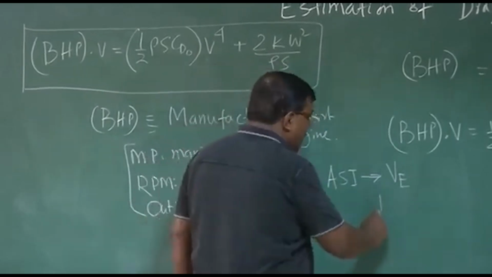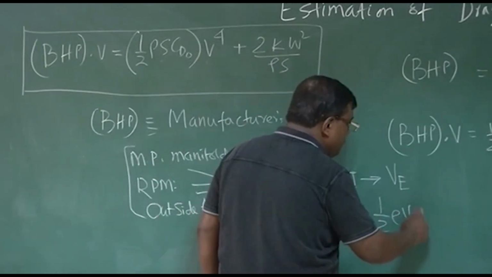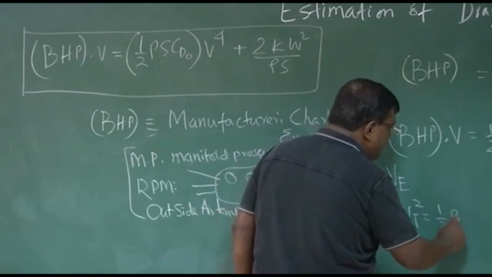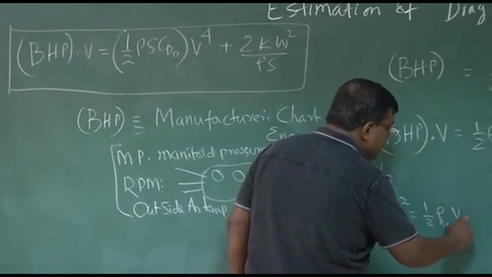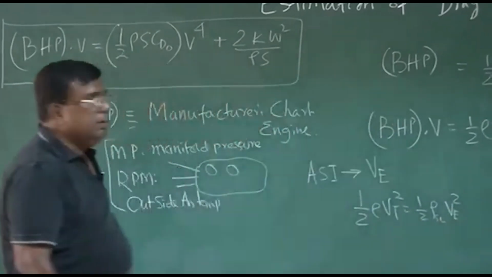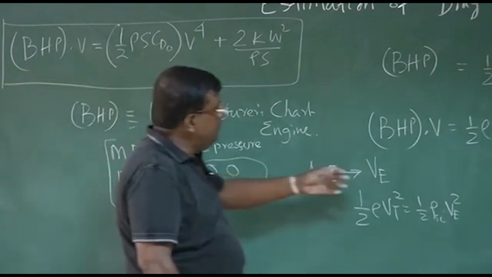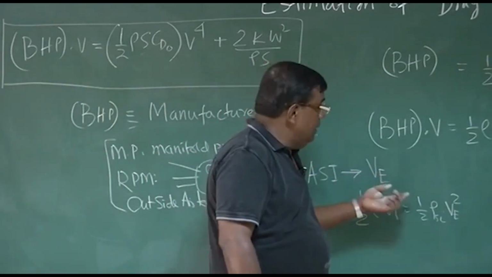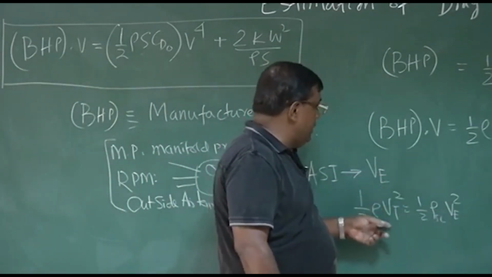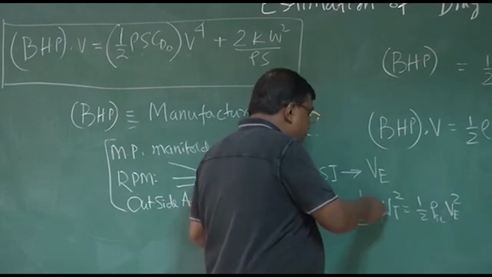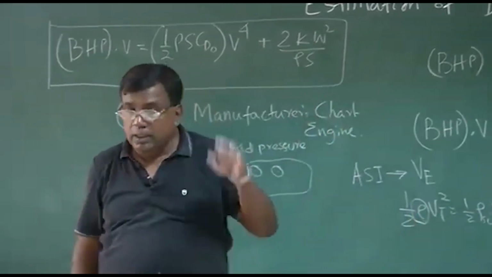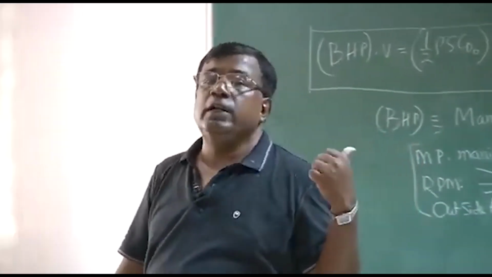Remember, we write half rho V true square equal to half rho sea level V equivalent square. That is how the airspeed indicators were calibrated. So if I know V equivalent, using this relationship I can get V true. But for that, I need information about the local density. I know the outside air temperature, so I can find rho, and I can find the true airspeed.